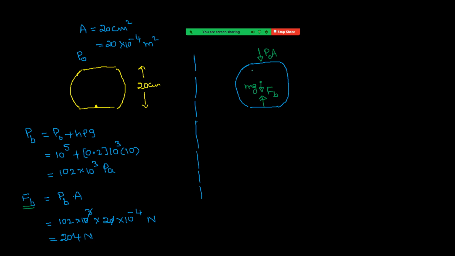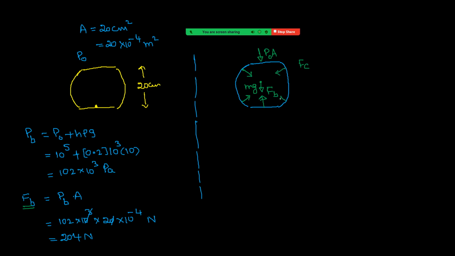Next, the remaining is by the curved part. So take the force by the curved part as FC. You can see the force by the container or by the walls on the liquid is always normal to the contact surface. If you are focusing at this point, it will be like this. It is always normal to the contact.